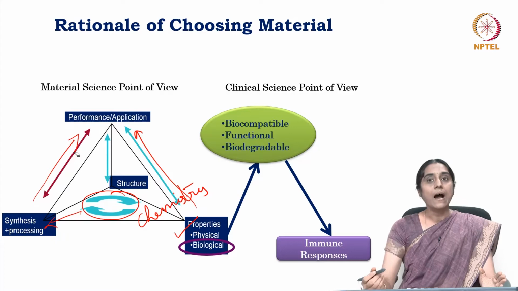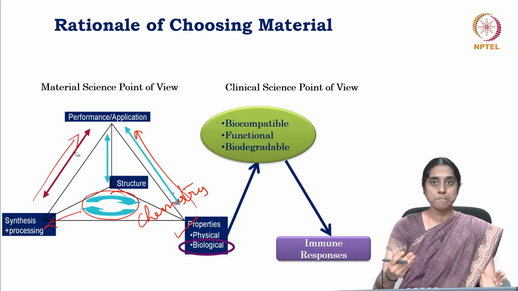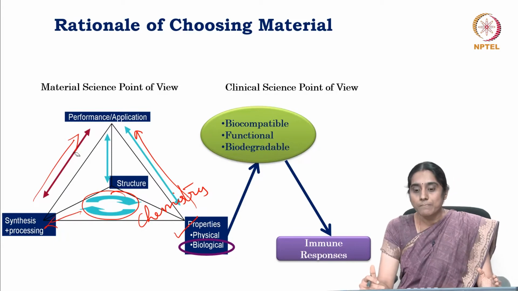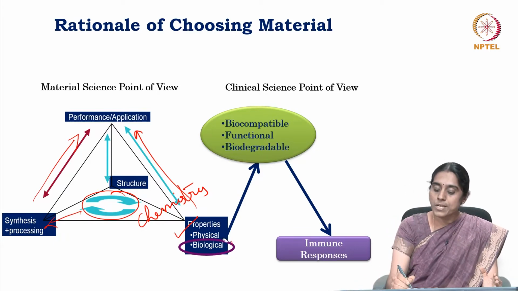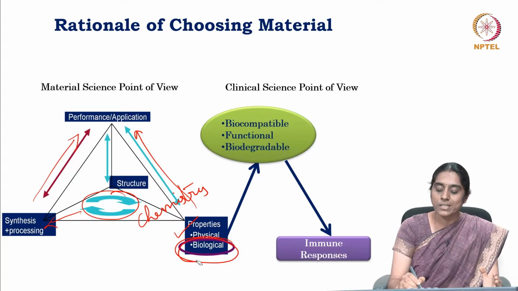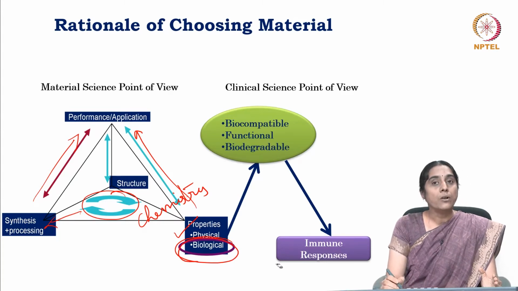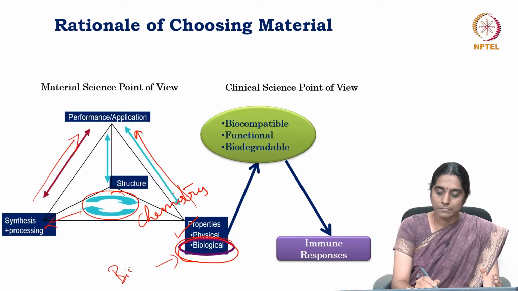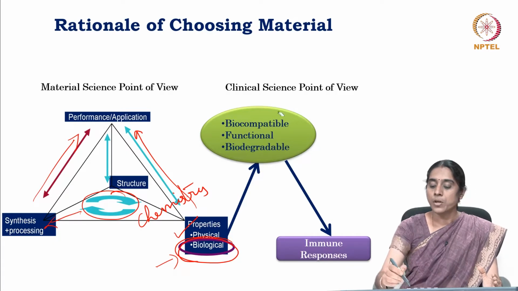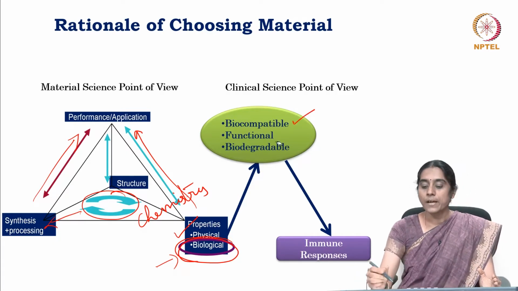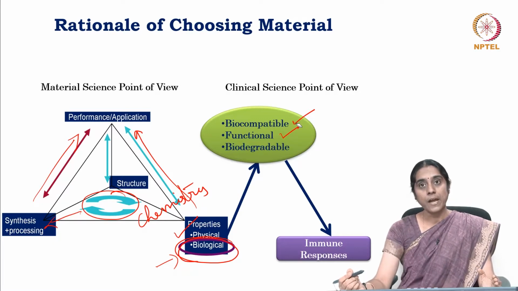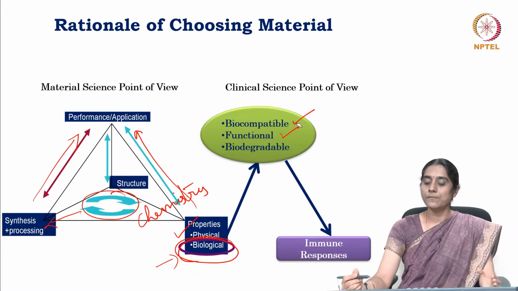But from the perspective of a clinician, from the clinical point of view, what is most important is the biological property. The biological property doesn't mean that it is only biocompatible. As already written here, it should be biocompatible and functional. For whatever purpose we are placing it, it should optimally perform that function.